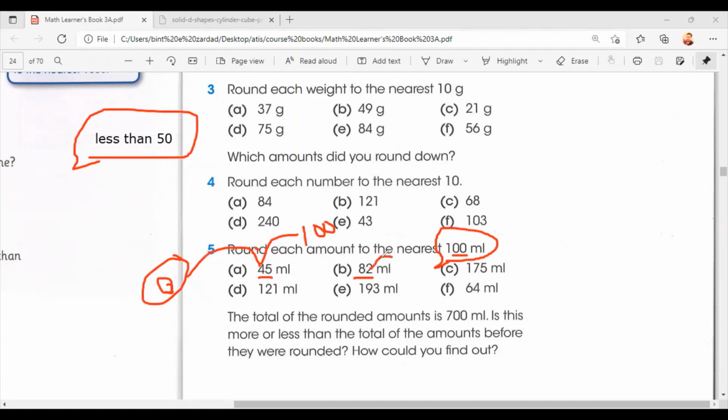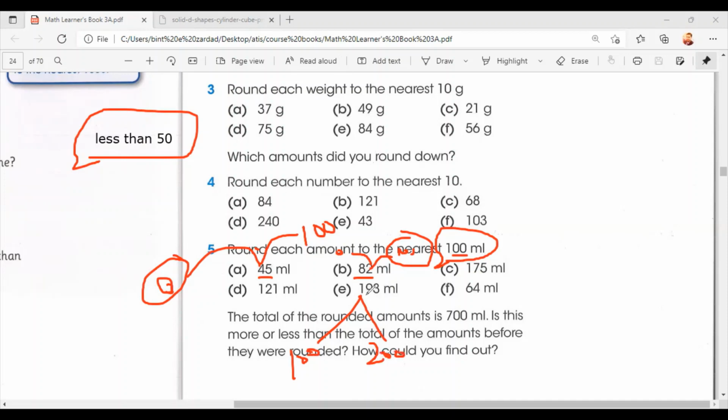So we also have two options, 0 and 100, because it is less than 100. Here we can choose the big one. Why the big one? Because it's bigger than 50. And like this is 193. This is now more than 100, so we have two options, 100 and 200.